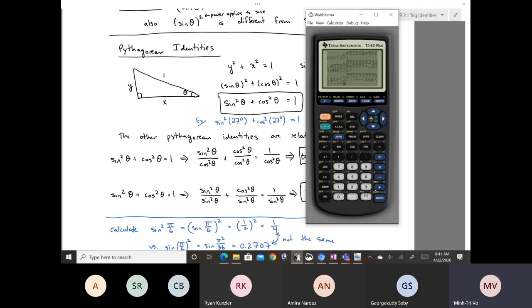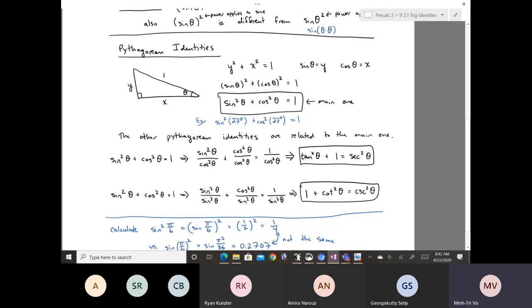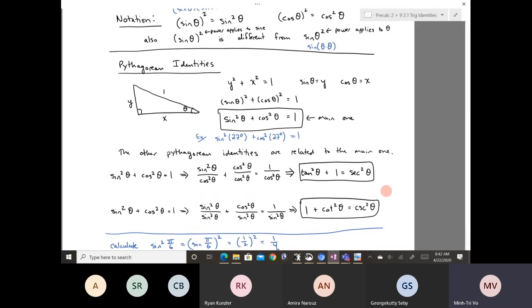So sine squared plus cosine squared. Now it's exactly equal to 1 because now I'm not approximating. And again, this is true no matter what angle you try to calculate this with. So that's what this identity is saying. Again, it's essentially coming from this right triangle with hypotenuse 1.